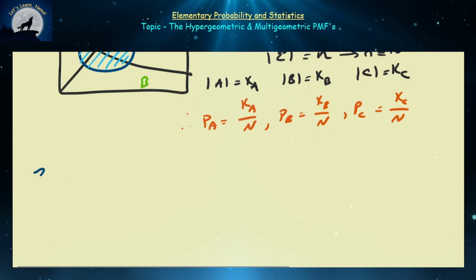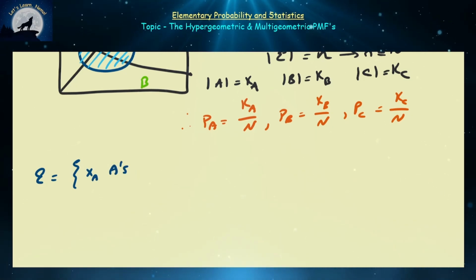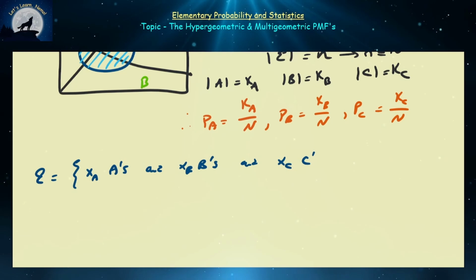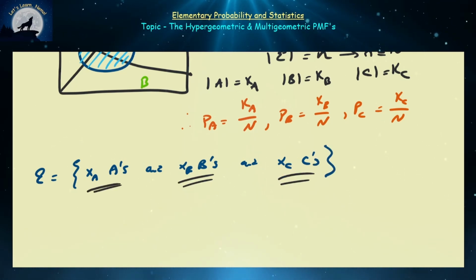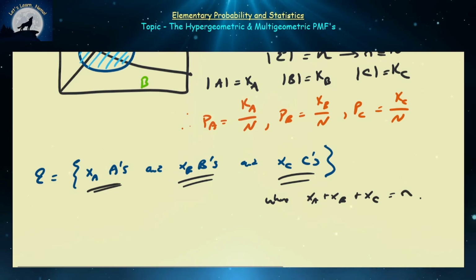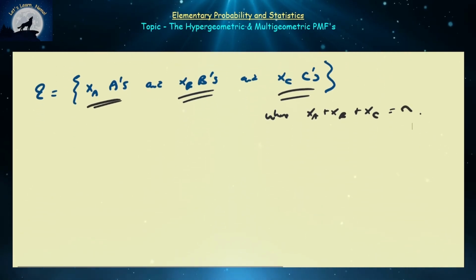But if we want our particular event to be some particular structure of our sample, and particularly we want xA A's, and let's assume that we also want xB B's, and let's also assume that we want xC C's in our sample, right? So we want that and that and that, in particular where xA plus xB plus xC is equal to our sample size, then it should follow pretty much a similar structure as that of a hypergeometric random variable.